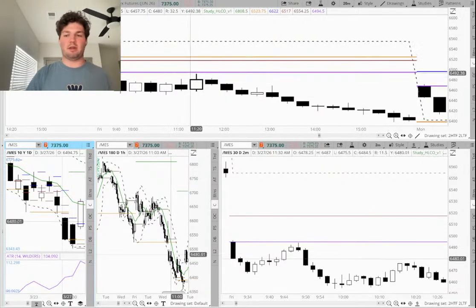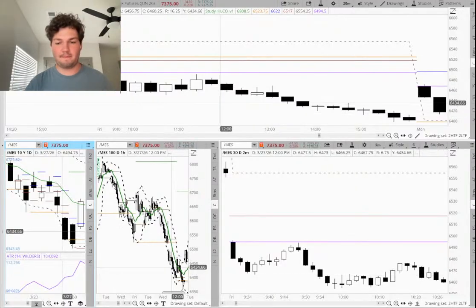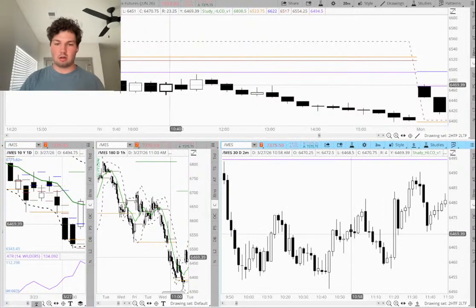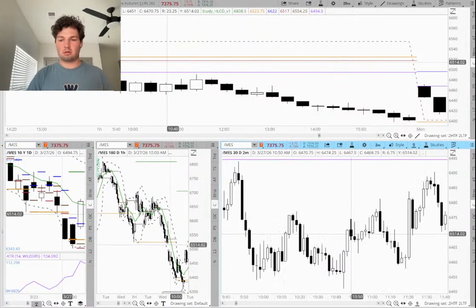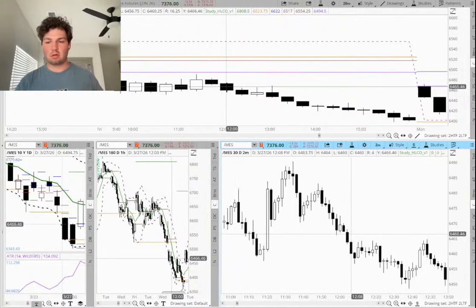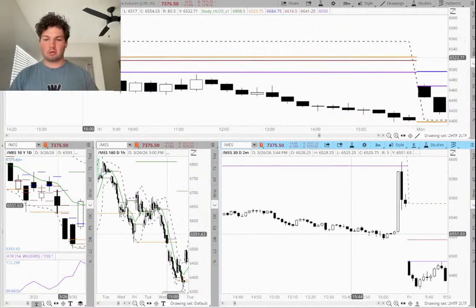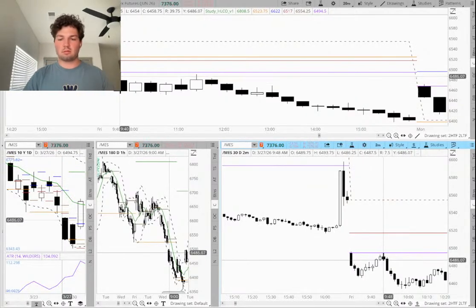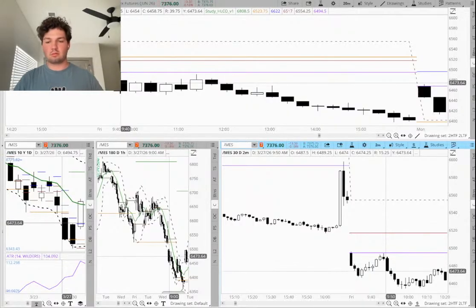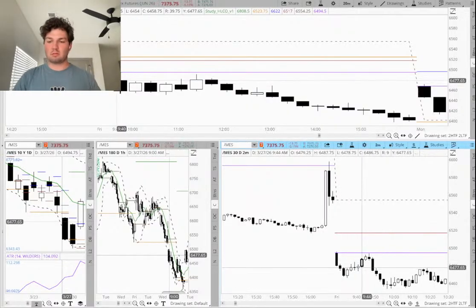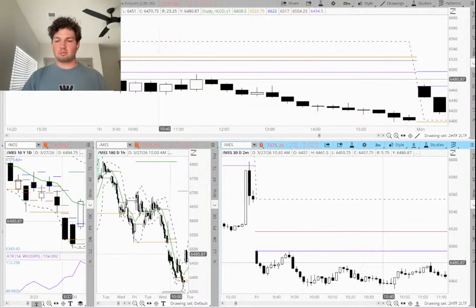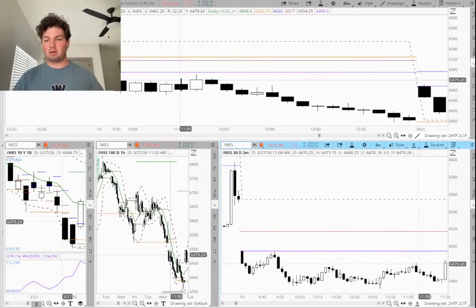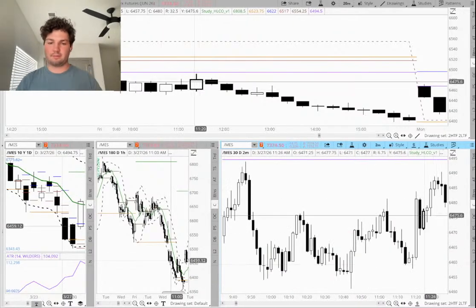Unfortunately, we get stopped out, but then it wouldn't push down much further later in the day, but it's just the way it goes. Yeah, we get stopped out right there. A couple times we get stopped out there too.